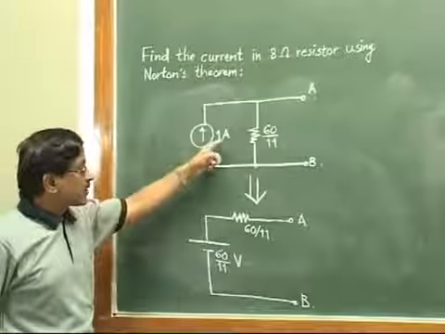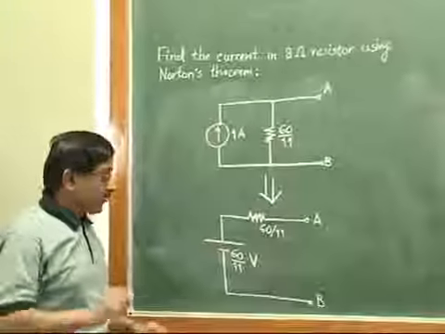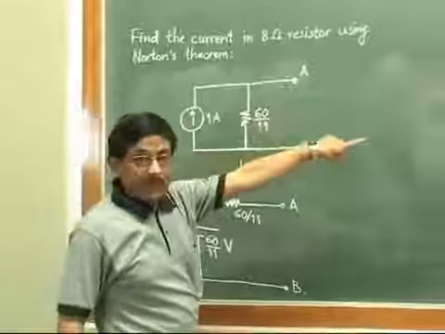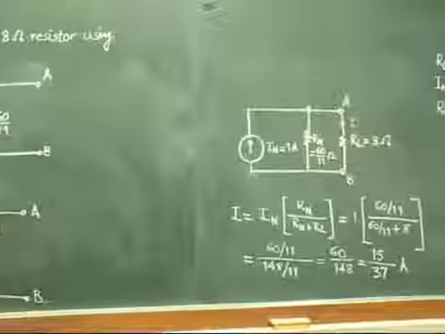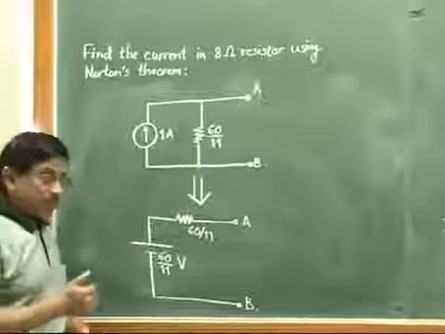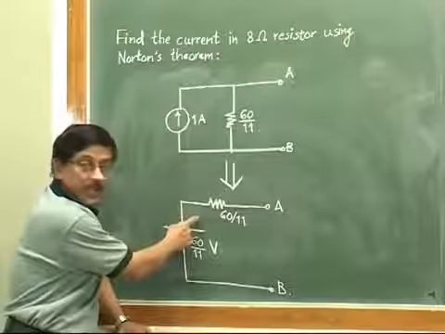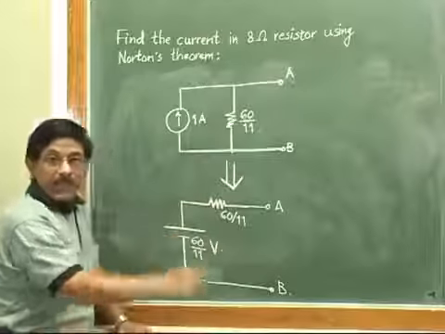Now if you look at all these values that we have got, we will find that this was our Norton's equivalent circuit. Now if you check the solution with Thevenin's theorem, we will find that this was the equivalent circuit that we got in Thevenin's theorem.